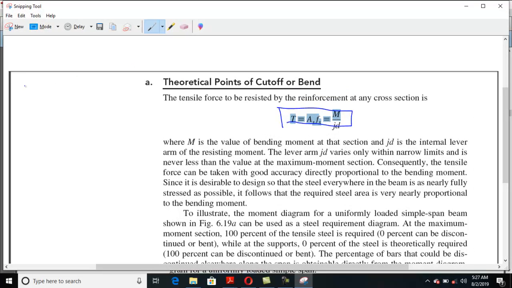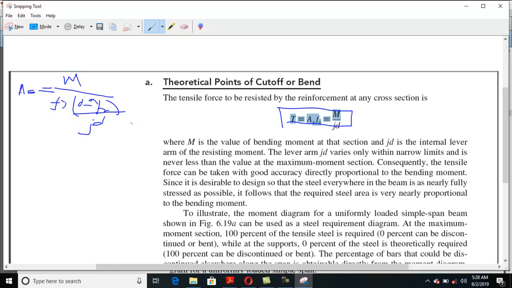We all know this equation: area of steel is equal to moment divided by Fy into (d minus a over 2). Now this d minus a over 2 is basically the lever arm.